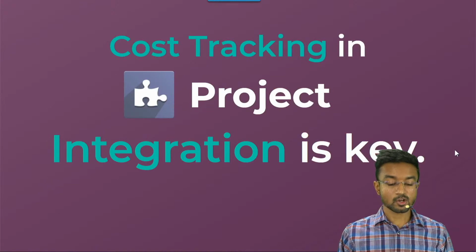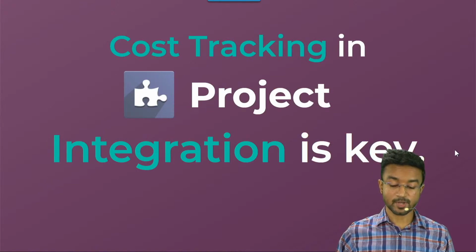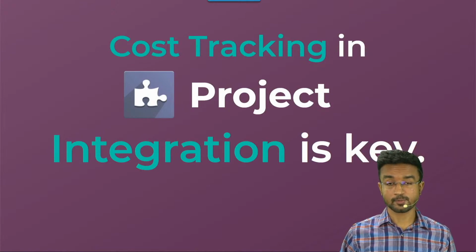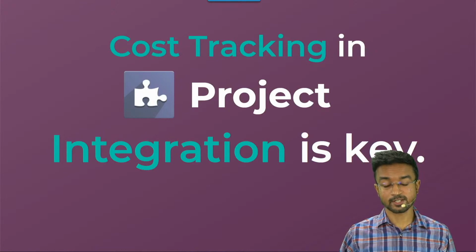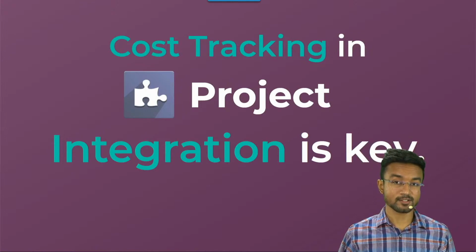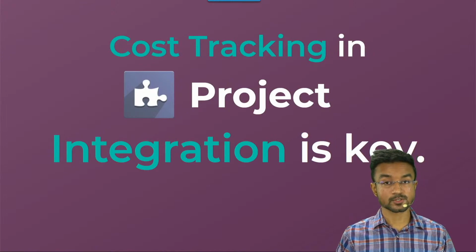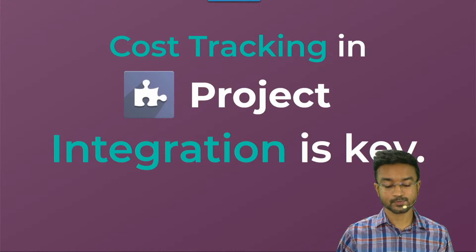So, cost tracking in project heavily depends on what kind of applications you have along with the project app in the system. And with Odoo, we really pride ourselves in having that integrated aspect within the system. So the more applications that you have in the system, the better cost tracking you can do, and the more information you can capture about not only your projects, but your employees, your customers, as well as the internal effectiveness of the process itself.